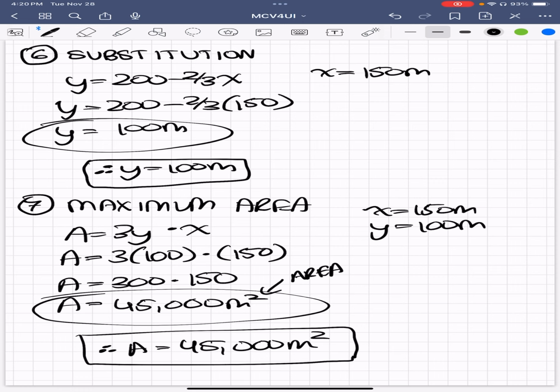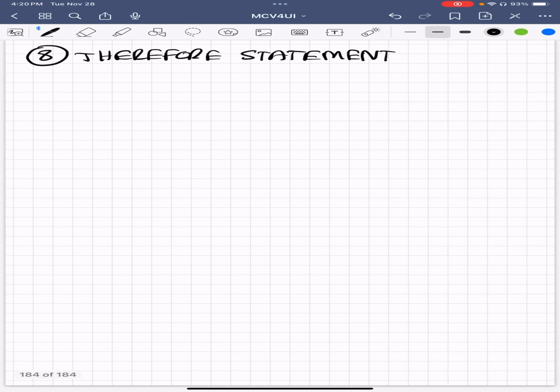So those are the dimensions that will produce the maximum area of the pen. The maximum area of the pen is 45,000 meters squared, and the dimensions are x equals 150 and y equals 100 meters. And then we have our therefore statement.